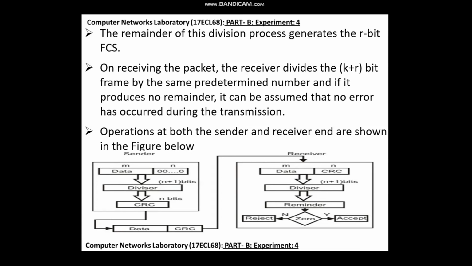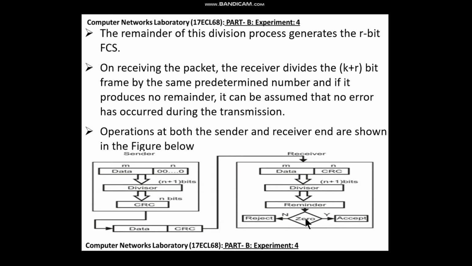Operations at both sender and receiver end are shown in this figure. Here the divisor is a predetermined divisor, and m plus n bits get transmitted; those bits are divided by the divisor, and here are the CRC bits, and data with CRC bits get transmitted to the receiver side. What the receiver does is divide by the same predetermined number and check the remainder.